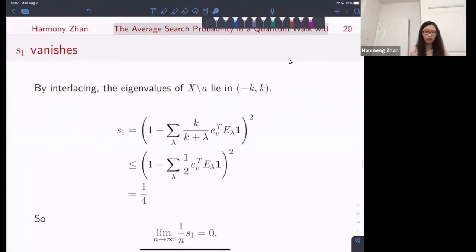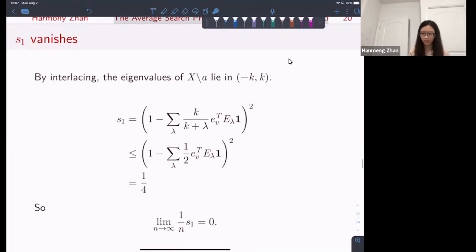Now we can say more about these two terms. If you remember the calculation we did for Kn, S1 actually vanishes after you divide it by n, right? And that's not a coincidence because of interlacing. Okay, so when you remove a vertex from the graph, and if the graph is regular, then you know the eigenvalues of X sharp A must lie strictly between -k and k. Okay, so what that means is this denominator is between 0 and 2k strictly.